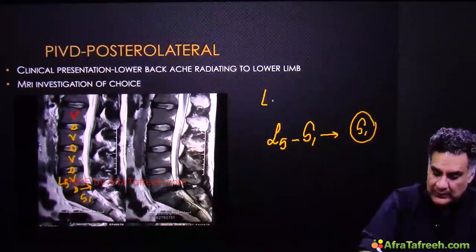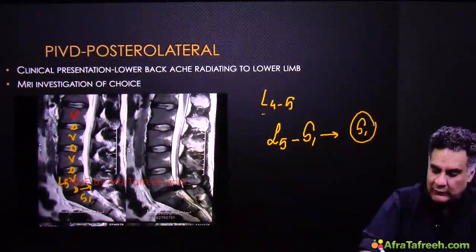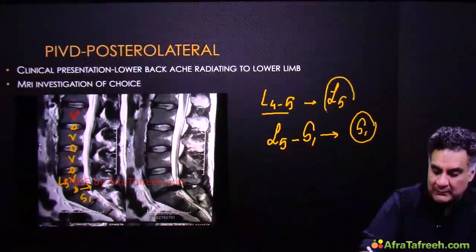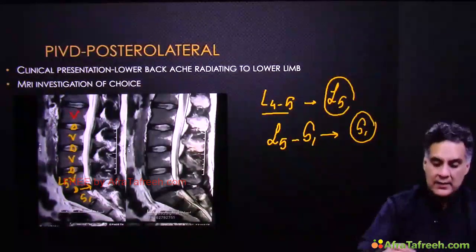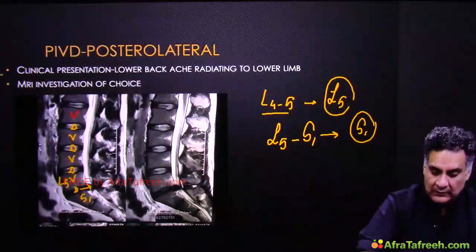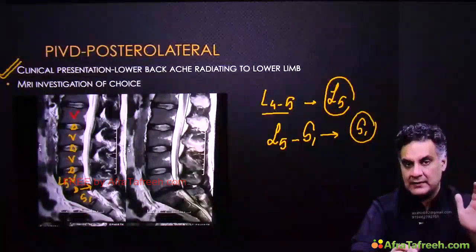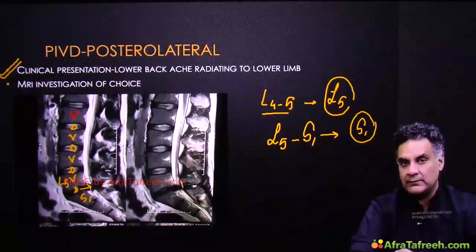But which is the most common compression in the human body? L4-5, compressing the L5 nerve root, the commonest compressed nerve root. Disc prolapse, also called sciatica, presents clinically as a backache going down to one lower limb.